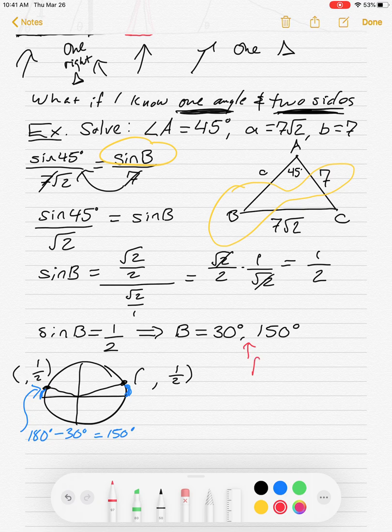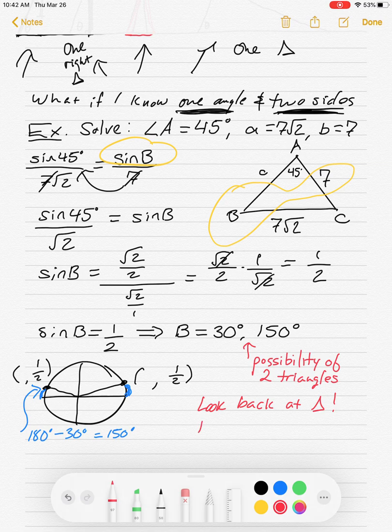So this is why I encounter that possibility of having two triangles, because it's possible that both of those angles may form a triangle. So what I have to do is look back at my triangle.